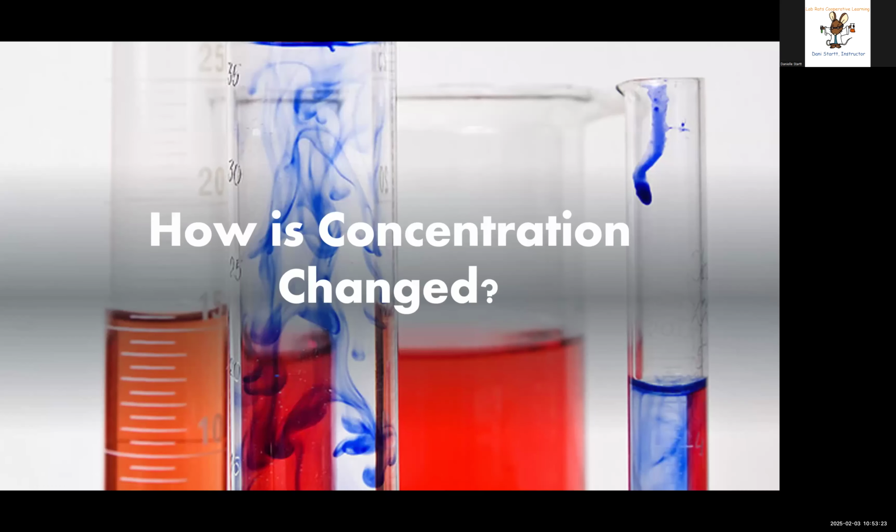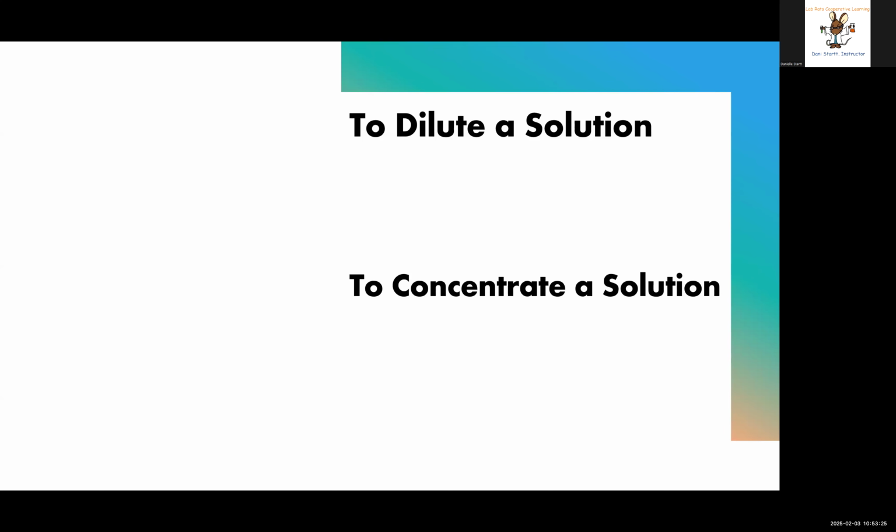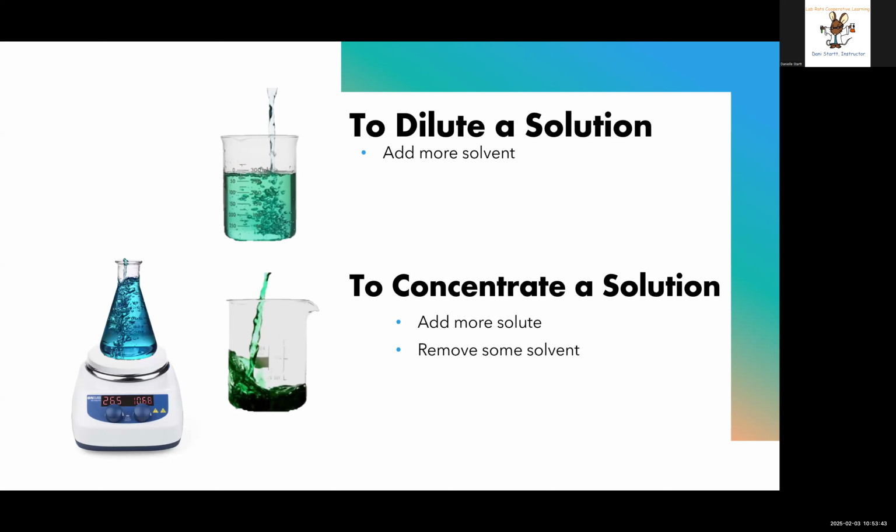So how do we do that? Okay, well, so to dilute a solution is pretty easy. You just add more solvent. If you have salt water and it's too salty, you add more water and it becomes less salty salt water. You have more dilute solution. So to dilute it, you add more solvent. But to concentrate it, you can add more solute. You could add more salt to your salt water, or you could remove some solvent.